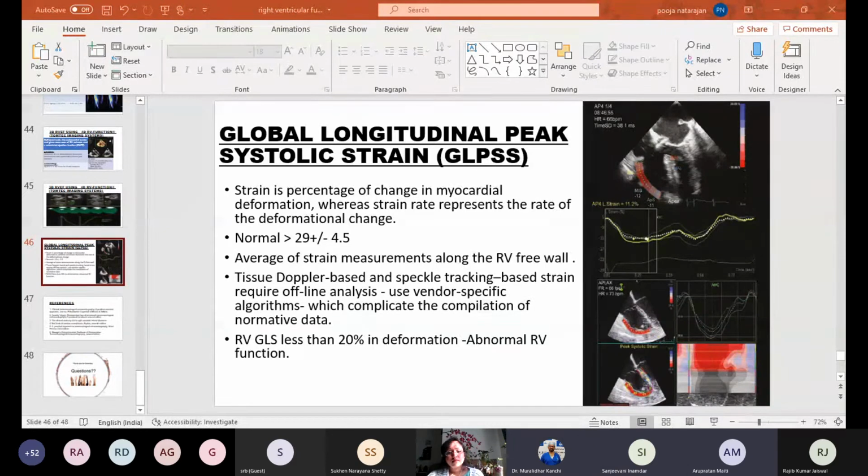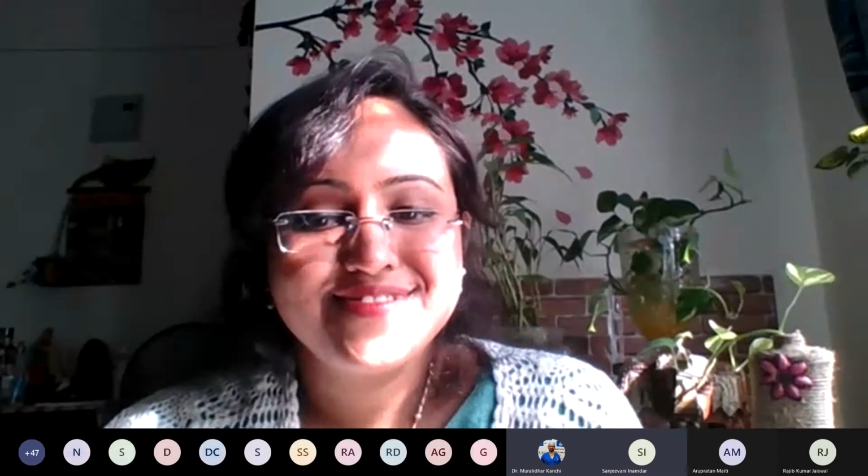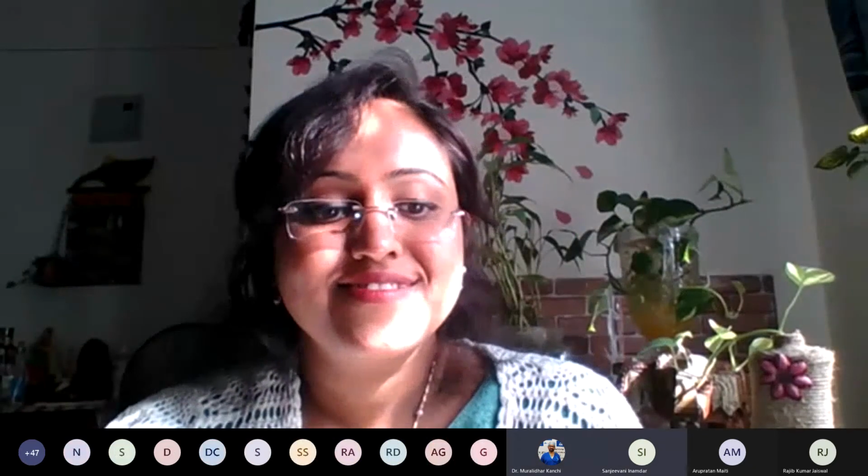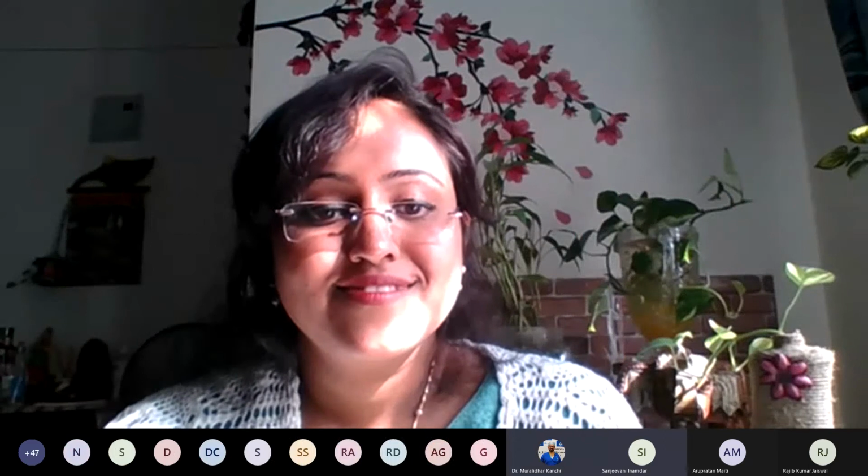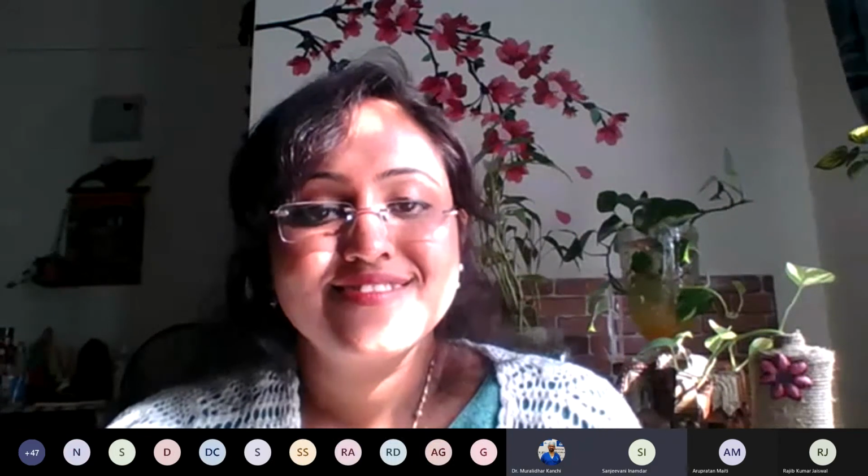Just for the participants, the value of -20 is normal for LV. When it becomes abnormal, does it become -15 or -25? Good question, but it's so confusing.